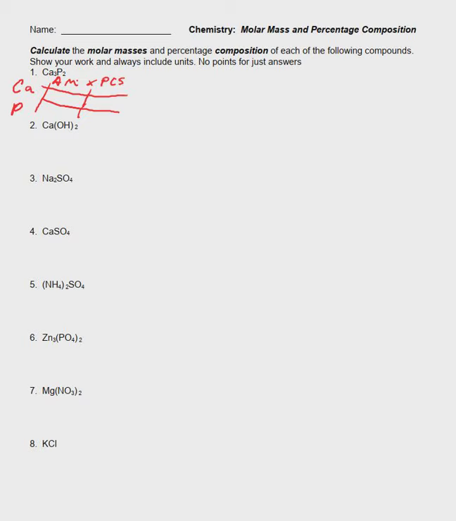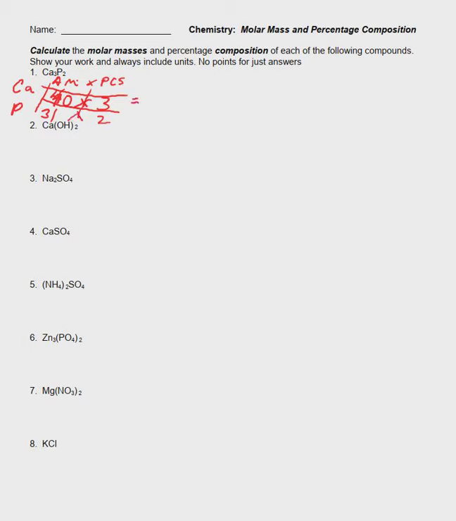Calcium is 40. That's supposed to be a 4 right there. And phosphorus is 31. And we have in our formula Ca3, so we have 3 pieces of calcium, and phosphorus, we have 2 pieces, and multiply them.